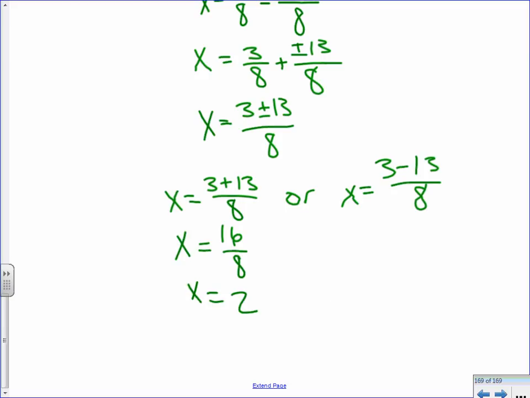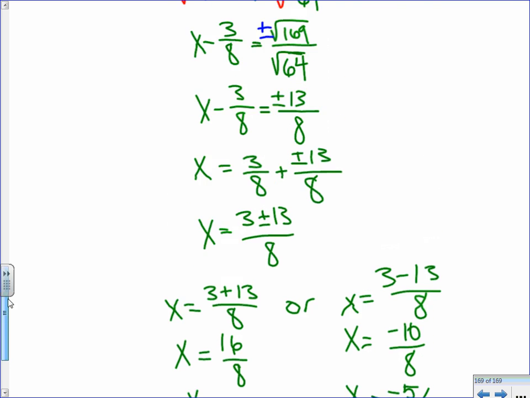So x equals 2 in that case. Or 3 minus 13, that's x equals negative 10 over 8, which both of those numbers are divisible by 2, so x equals negative 5 over 4.